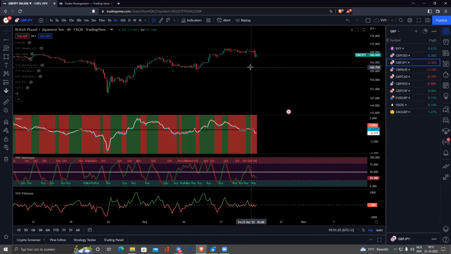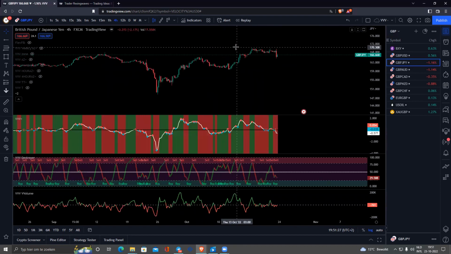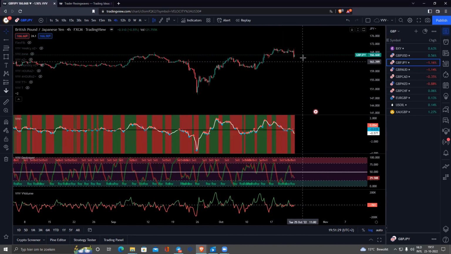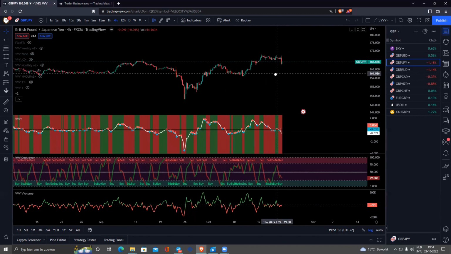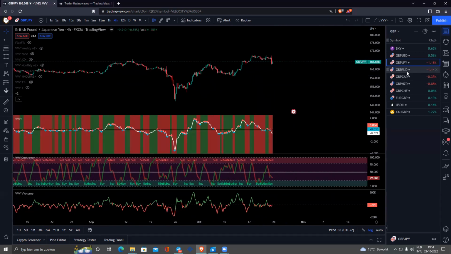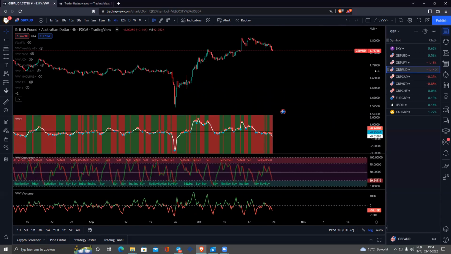I would like to see a stronger JPY to make a retest from this. It also broke under the zero line, which is also a good sign. And the GBP AUD, I don't know which student it was, we were talking about this pair. It was consolidating actually in that period.